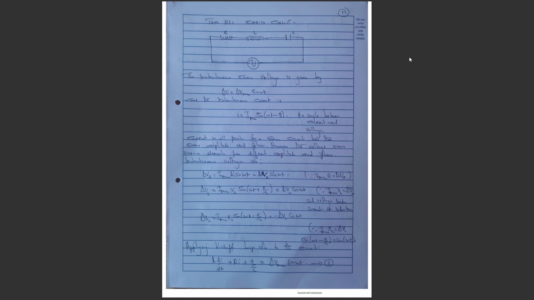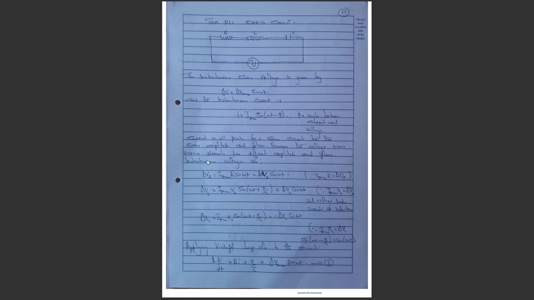So as we start, we are going to find the instantaneous source voltage of the circuit, which is given by dV, or change in V, and dV is equal to dV max sine omega t. dV max sine omega t is just to show us the total voltage across the circuit, and also the instantaneous current, or the current that is passing through the circuit, is given by I max sine omega t minus phi, where phi is just the angle between the current and the voltage. You know, the current and the voltage are at different angles.